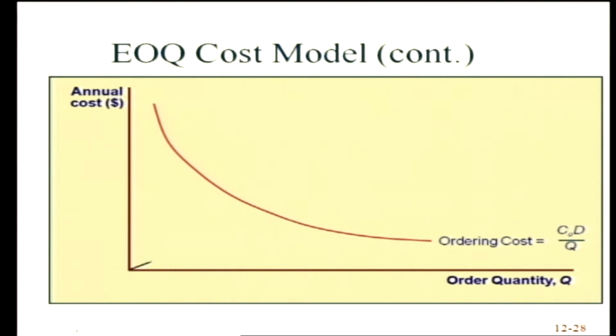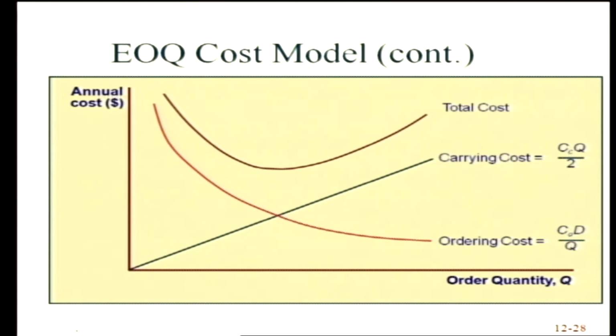Now we will discuss this economic cost model. If you look at this red line, this is the ordering cost, and if the order quantity is increased, then the number of orders will be reduced. If you increase this, your ordering cost is reduced because you are increasing the order quantity in one lot. So the ordering cost will reduce, but since you are increasing the number of items in an order, the carrying or holding cost will increase.